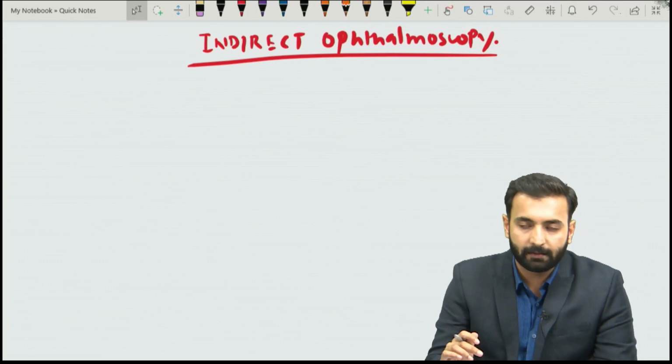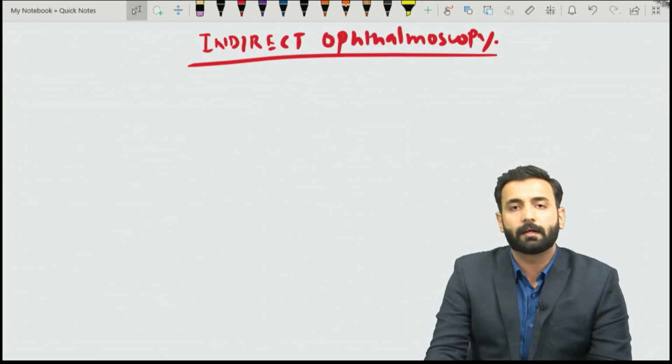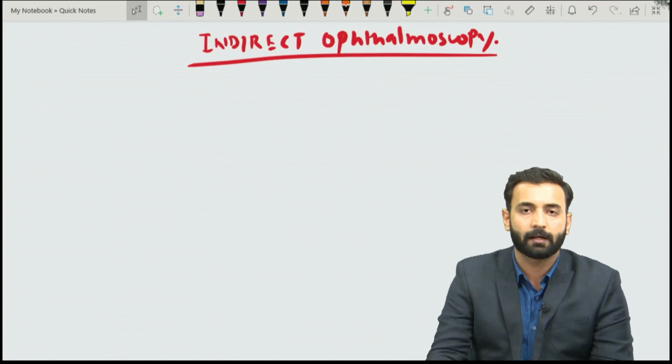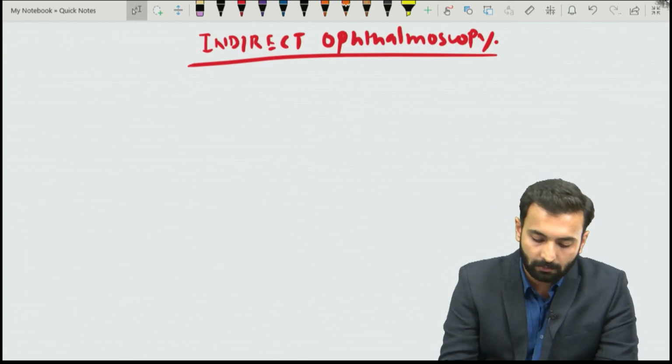In this technique it is used for examination of the fundus or the posterior segment of the eye. First of all, you should keep in mind what the fundus is, what constitutes the fundus.